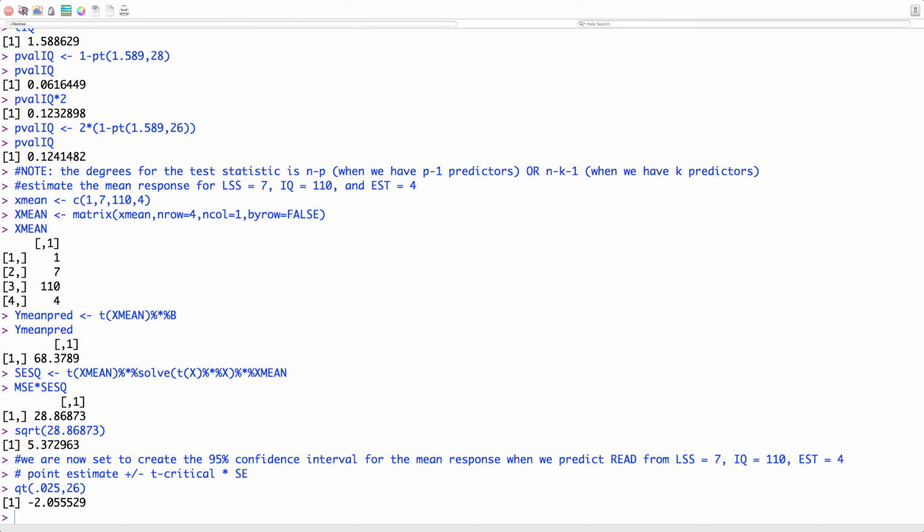So what we can do is take 68.38 minus 2.06 times the standard error, which is 5.37.